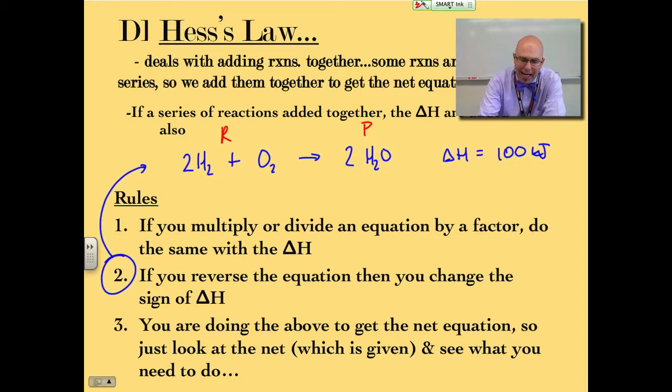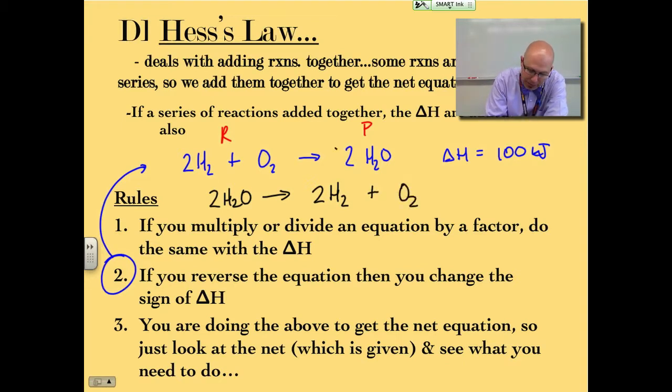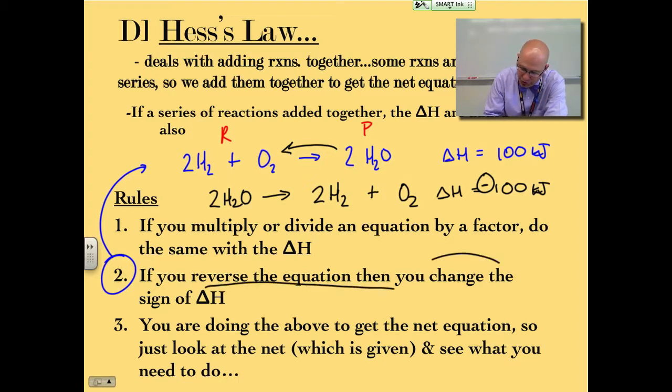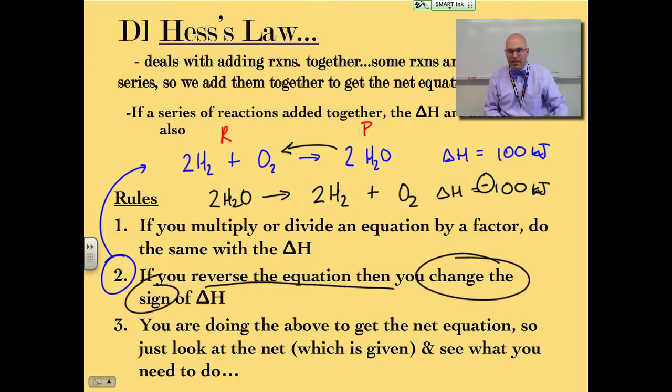If I make the 2H2O the reactant, and now the H2 and the O2 are the products, you see how basically I've gone in the opposite direction. Now my delta H is negative 100. So if you reverse an equation, you change the sign of the delta H.